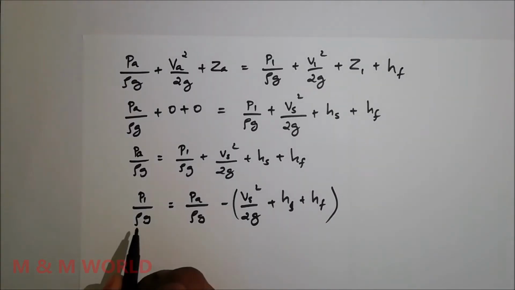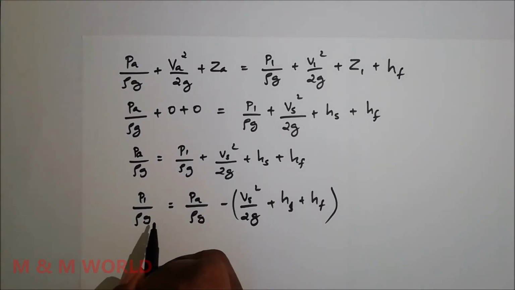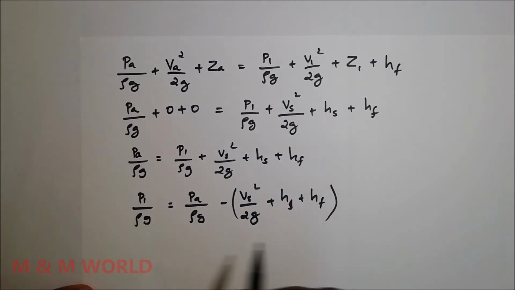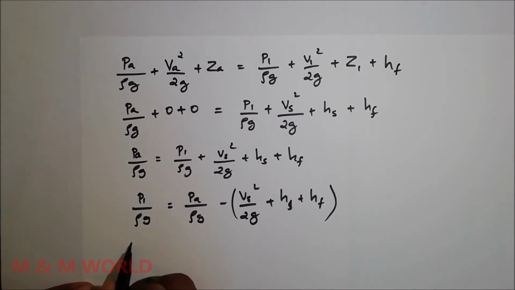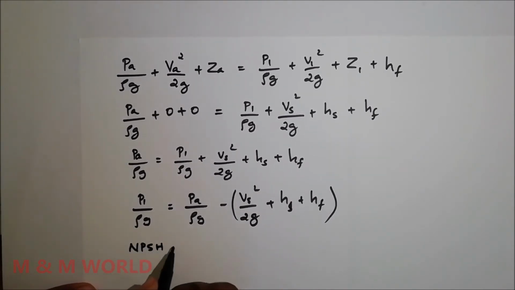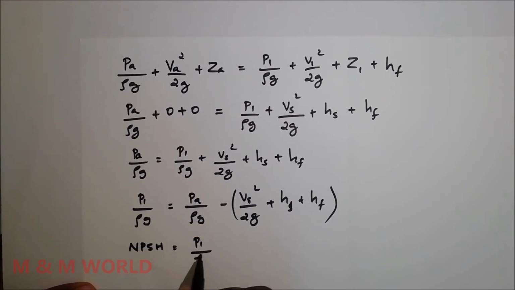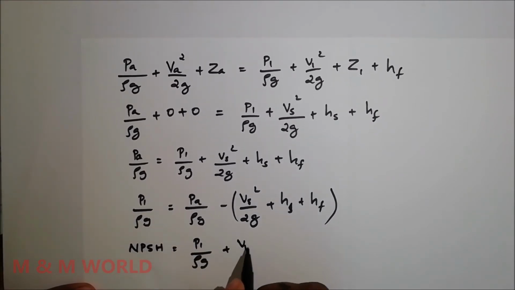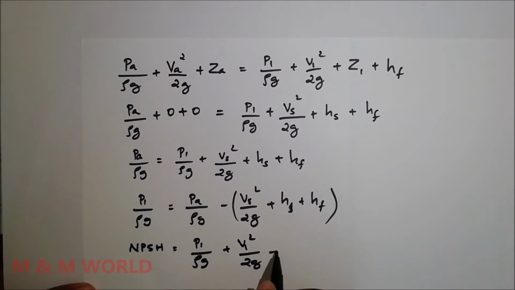Now substituting the value of P1 by rho g in the equation of NPSH. So we know that NPSH is equal to P1 by rho g plus V1 square by 2g minus PV by rho g.